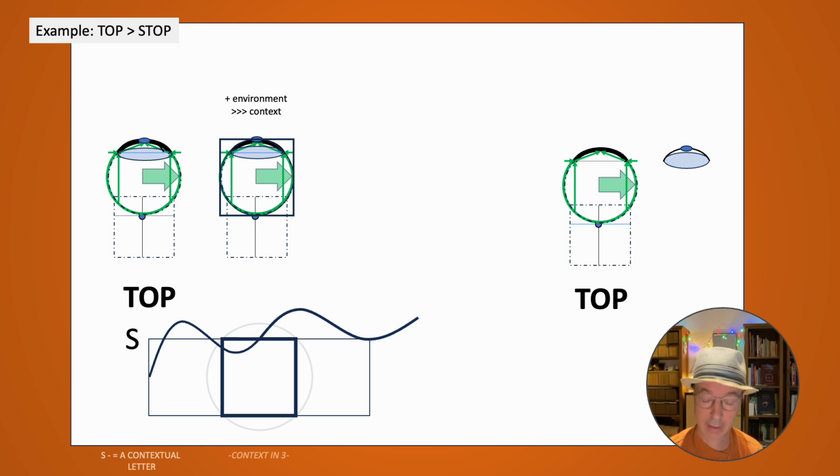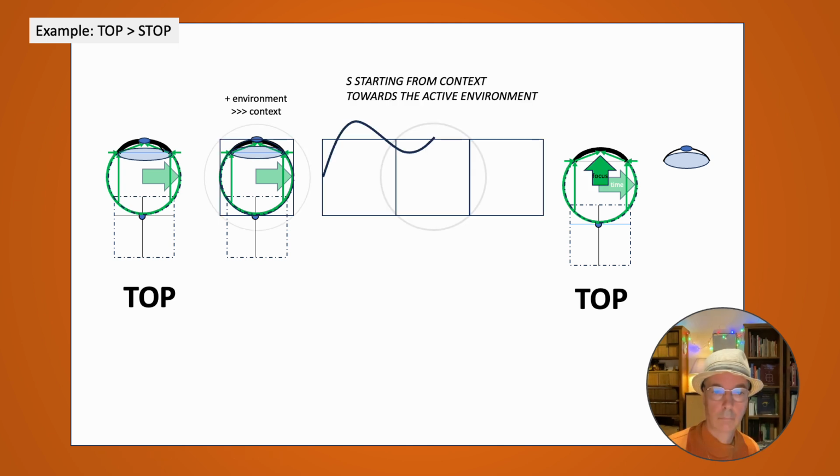And there the S will be working on it, or working towards it. So of course, S will start from context, and it will also go towards the form, the very strict form that we have there on top.